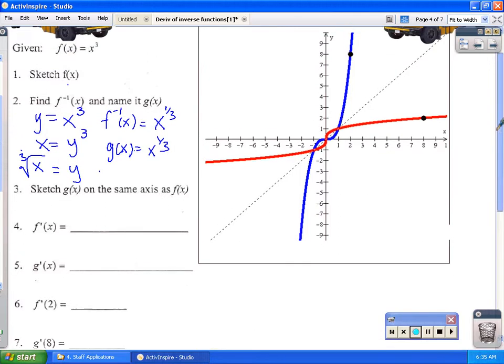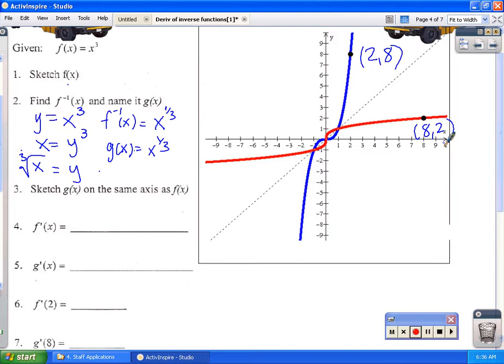And I've selected a particular point on the blue function, the point (2, 8). And so on the inverse function, its partner point is the point (8, 2). Now hopefully you're recalling another characteristic of inverse functions is that they reflect over the line y equal to x, which is why I've dotted that line in there.